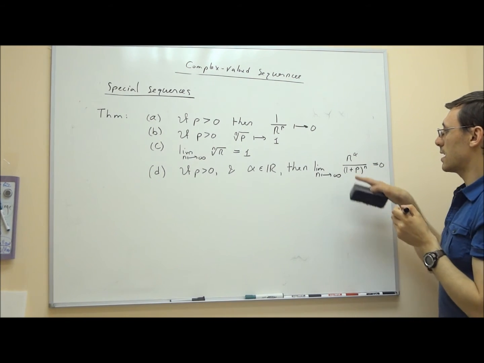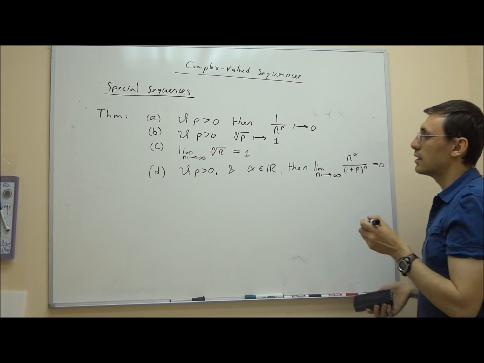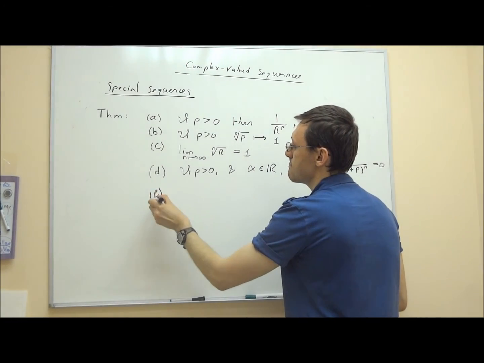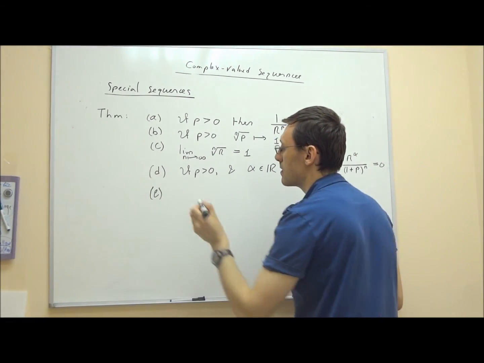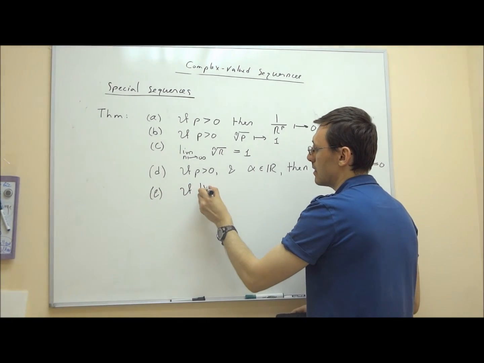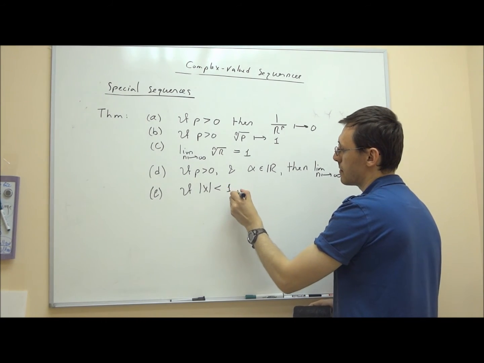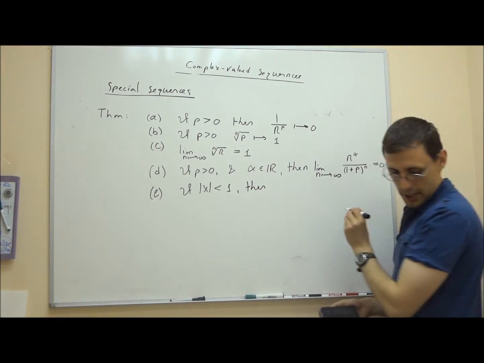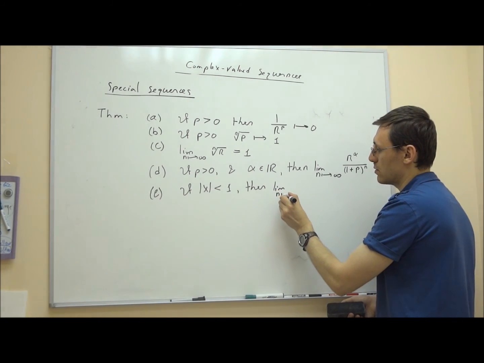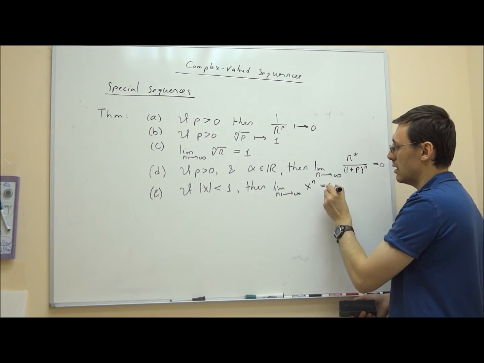So this says basically that exponentials are always faster than polynomials or algebraic functions. E. If the absolute value of x is less than 1, then the limit as n goes to infinity of x to the power of n will be 0.